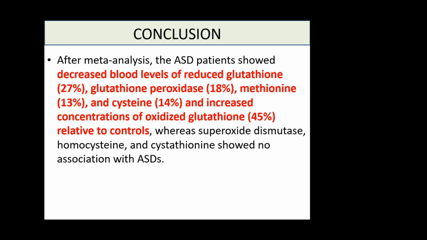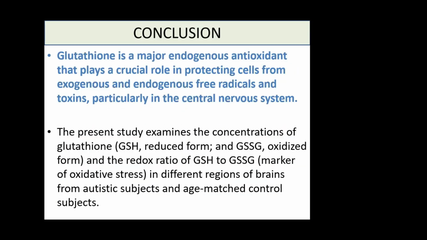Okay. Another study concluded that glutathione is a major endogenous antioxidant that plays a crucial role in protecting cells from exogenous and endogenous free radicals and toxins, particularly in the central nervous system. The present study examines the concentrations of glutathione, the active form and the inactive form, and the redox ratio, which is the ratio between the two, in different regions of the brain from autistic subjects and control subjects.